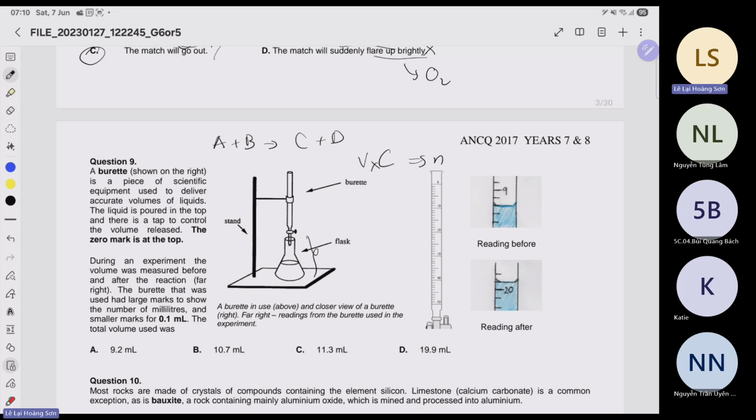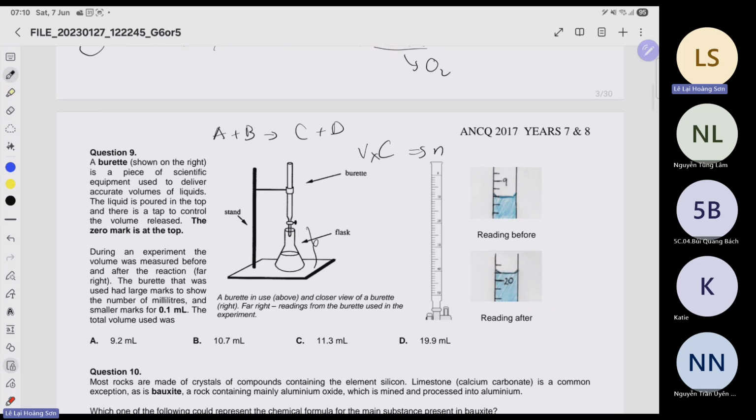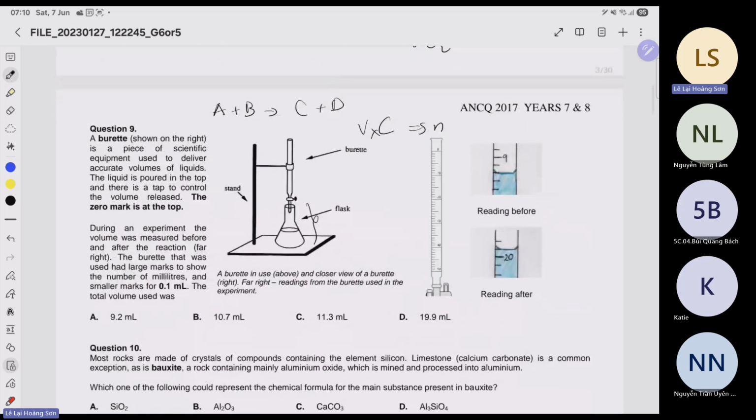Now we have to read the volume inside the burette. When you start reading, you're at this level.